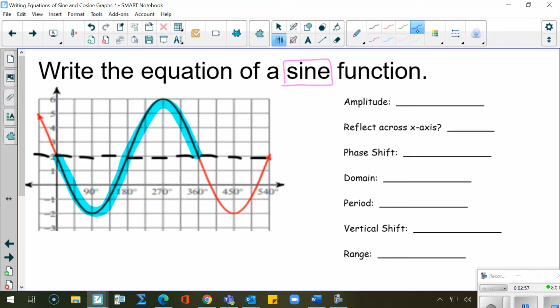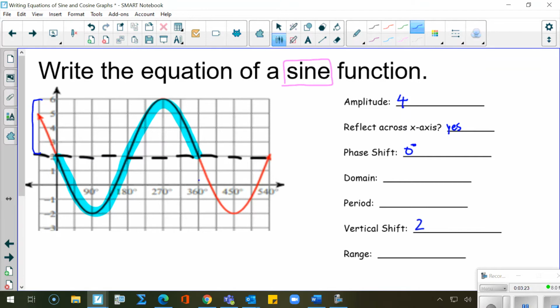The midline or vertical shift is positive 2. The amplitude is 6 minus 2, or 4. This particular phase is reflected, but the phase shift is 0 degrees.